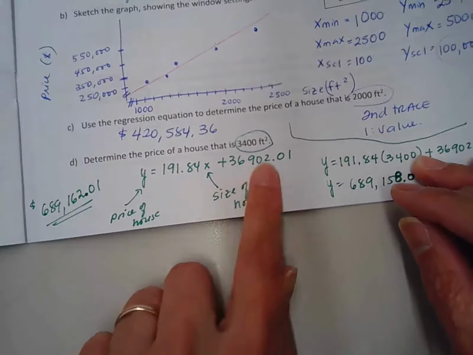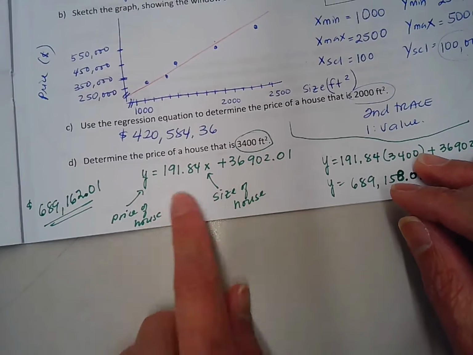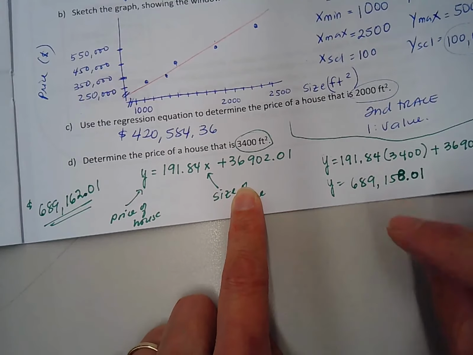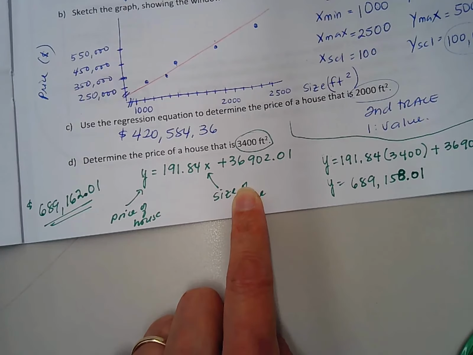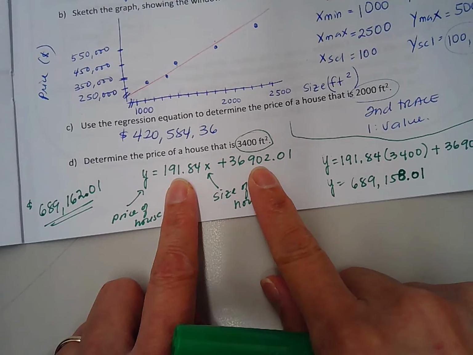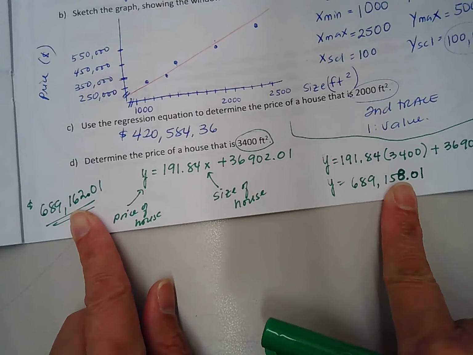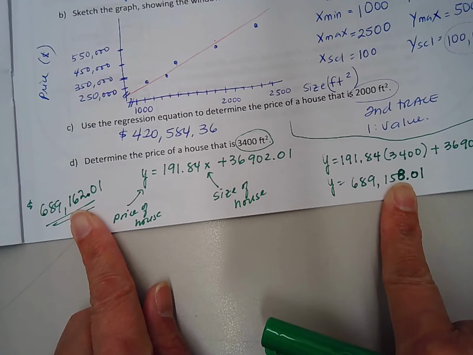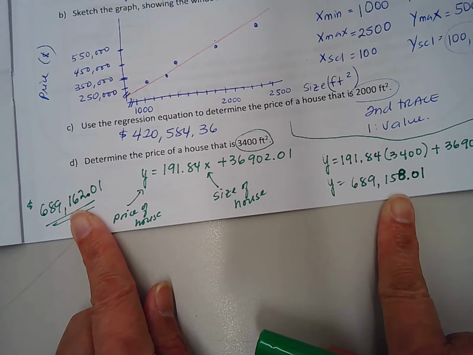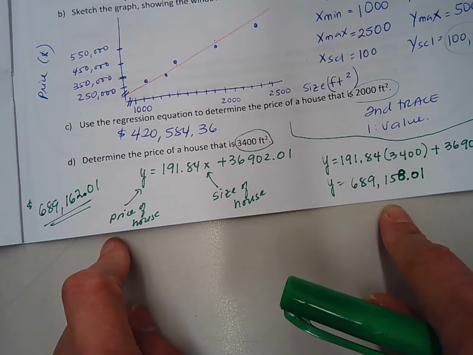But over here, we only rounded it off to 2 decimals. So that's why it's off by a little bit. It's off by $4.